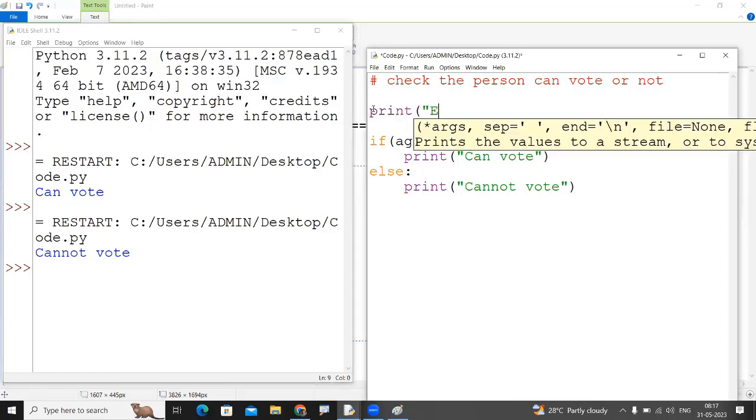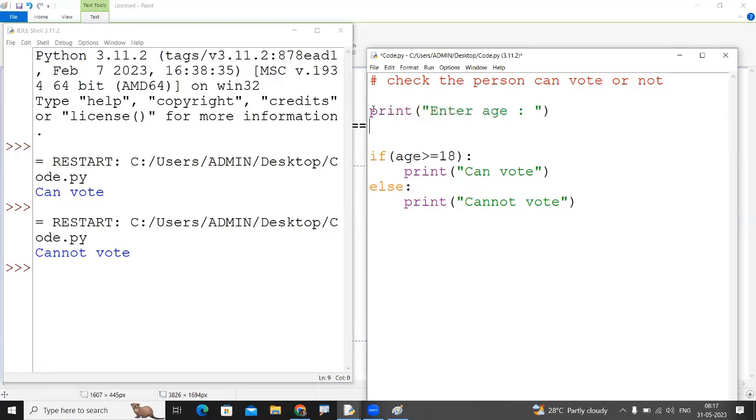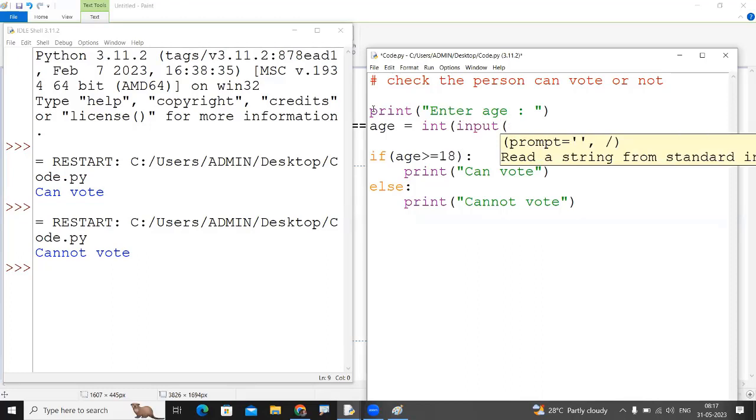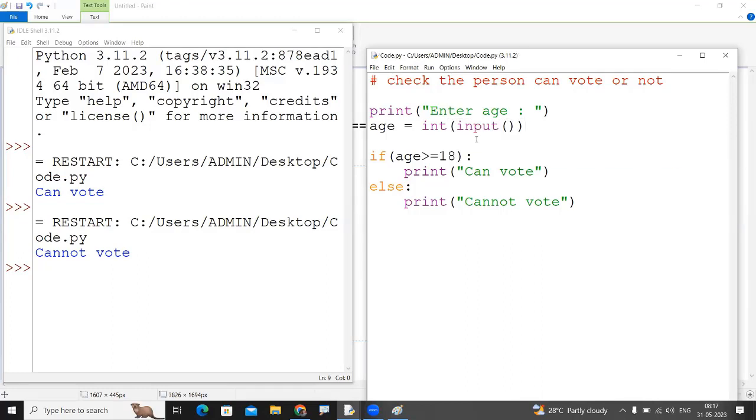Print enter age. Enter age, taking it, and we discussed all these things in the last session. Take the input, which is in string format. We need to convert the string into integer format, so this is the conversion method.